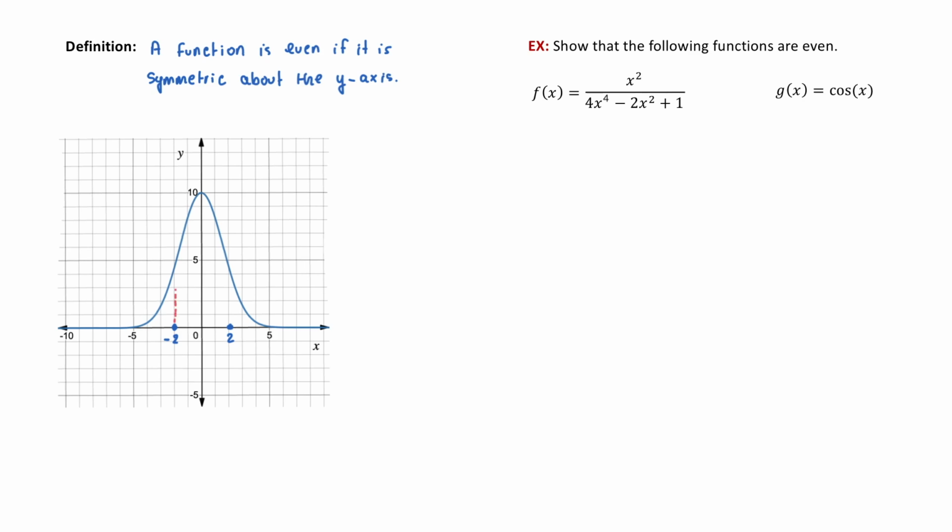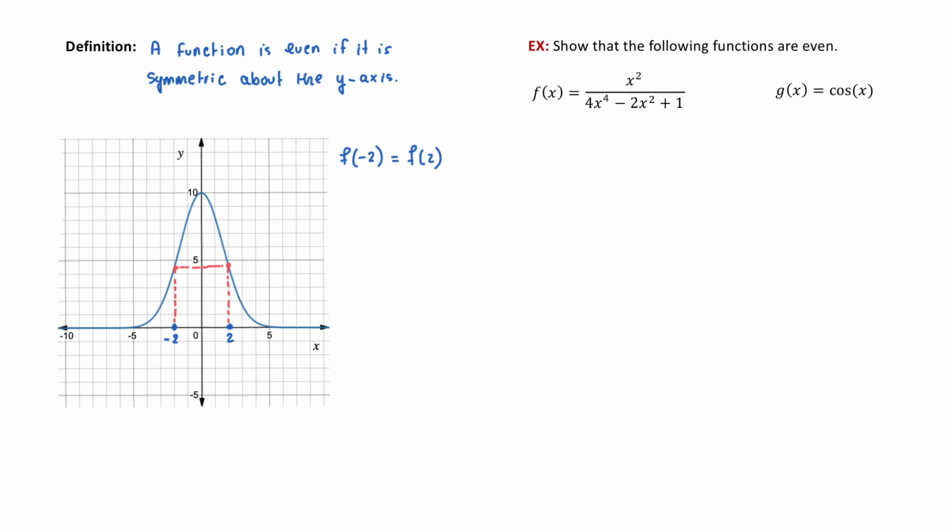If I go all the way up to my graph at -2 and 2, notice how the y values are identical, right? Which goes back to the idea of being symmetric about the y-axis. Then that is telling me that f of -2 is equal to f of 2. And this is consistent for every single x in the domain of this function.